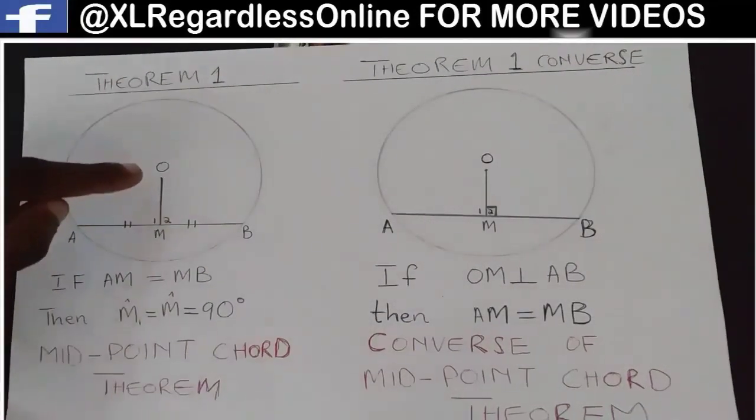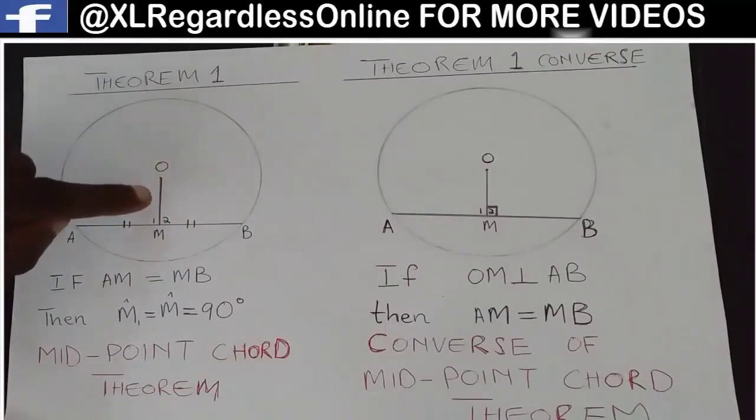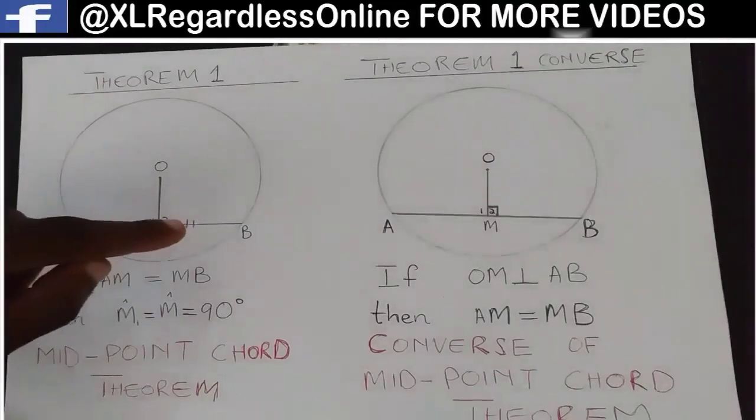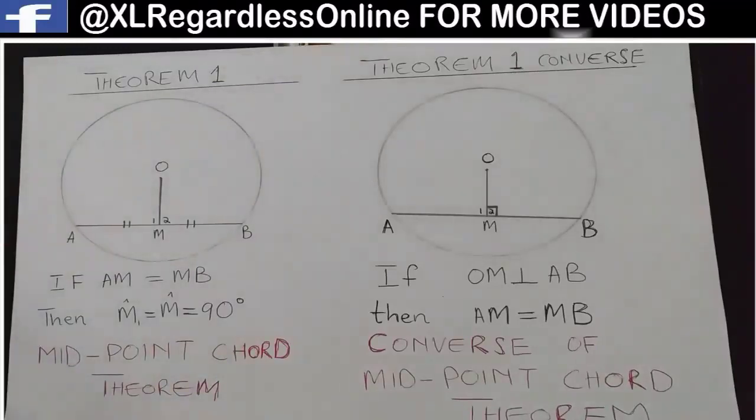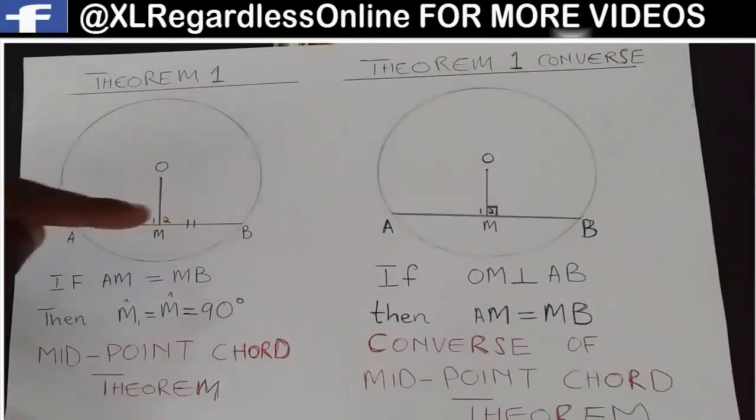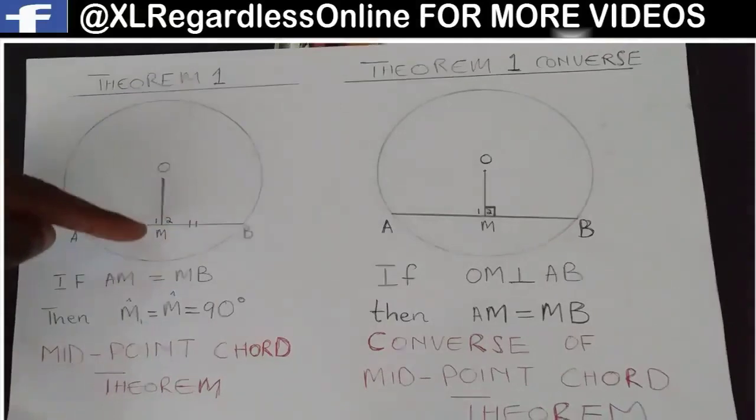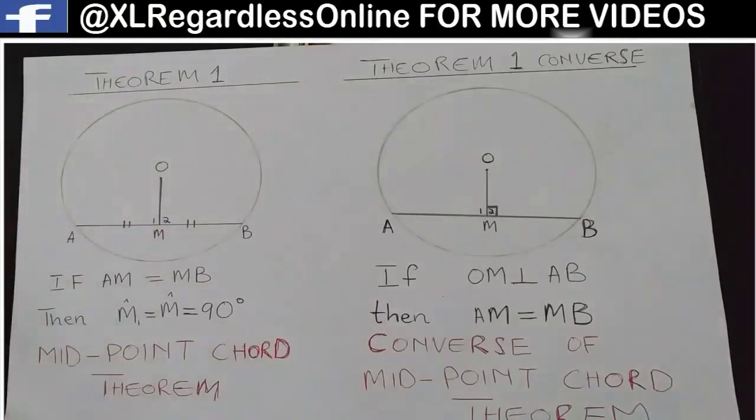Meaning that the line drawn from the center which bisects the chord is perpendicular to the chord, right? The reason you will use when dealing with this theorem is simply to write midpoint chord theorem.